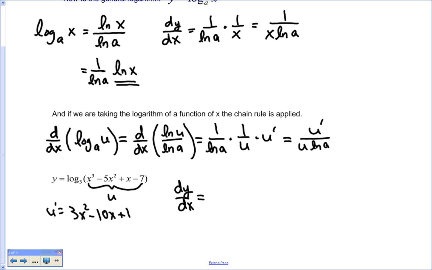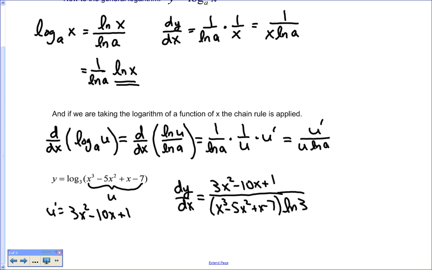We're writing the derivative, so write dy dx. It is equal to u prime, 3x squared minus 10x plus 1 over u, x cubed minus 5x squared plus x minus 7. And that's times the natural log of a, which in our case here is 3. And that would be the derivative for this problem.